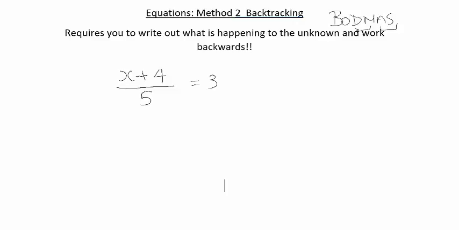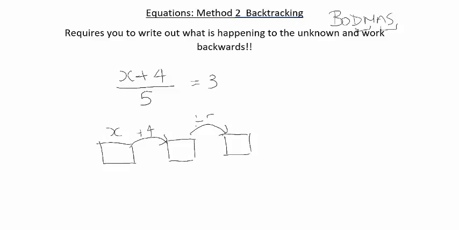Well, in this case I'm going x plus 4, so what I'm doing is a certain number, and then I'm dividing whatever that number is by 5, and my answer is 3.